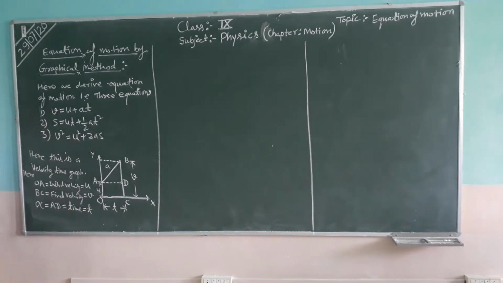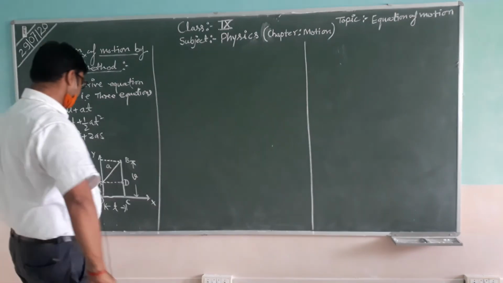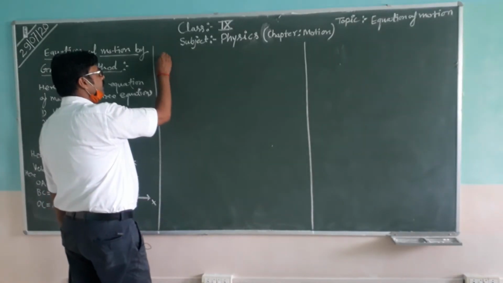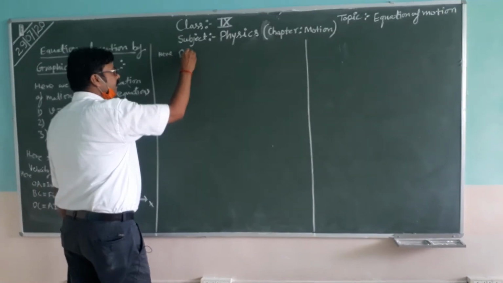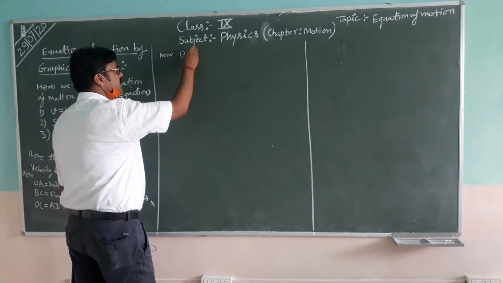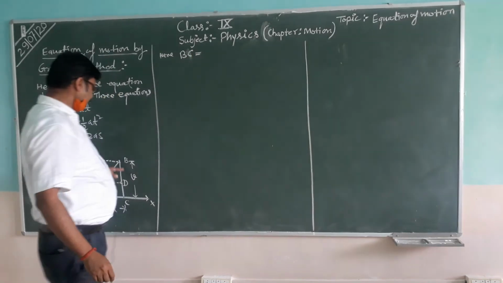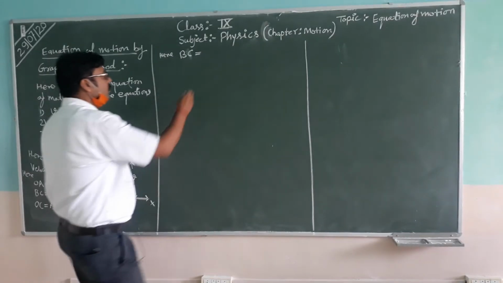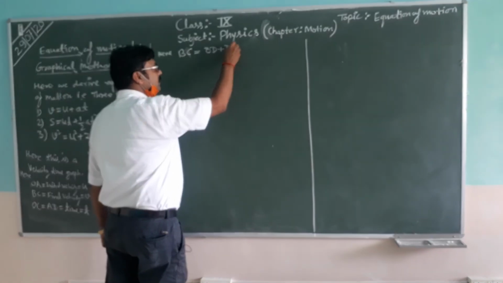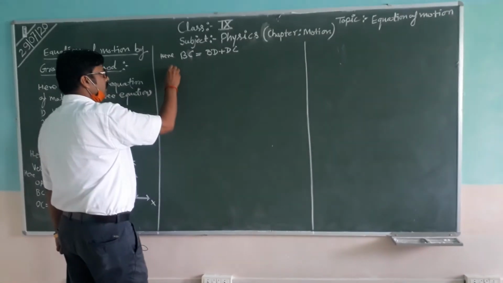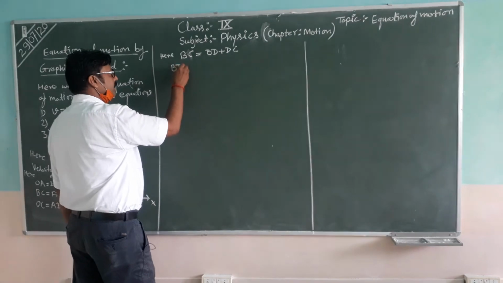So in this case we can write BC equals BD plus DC.